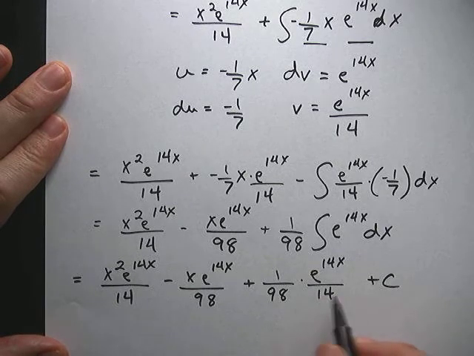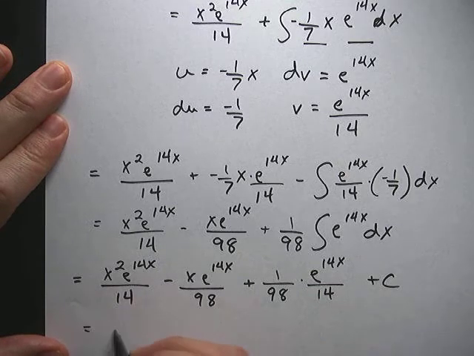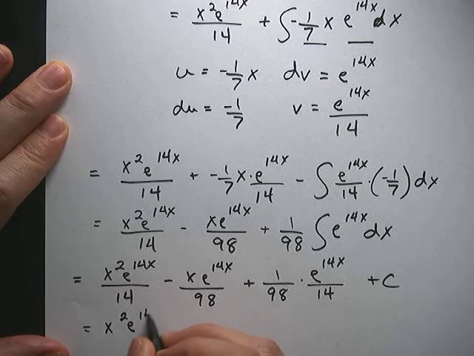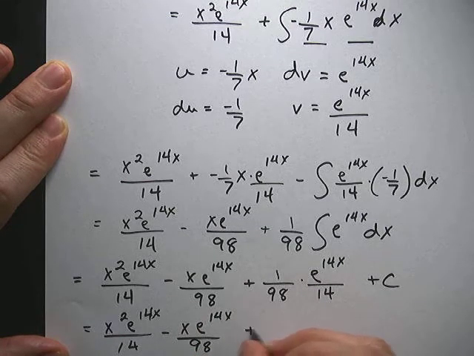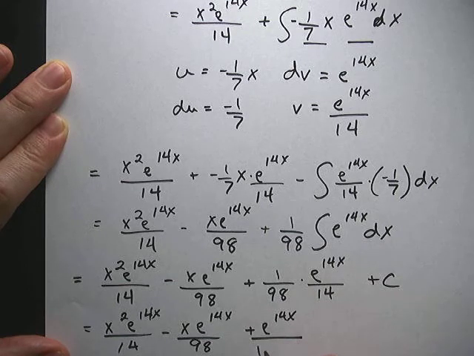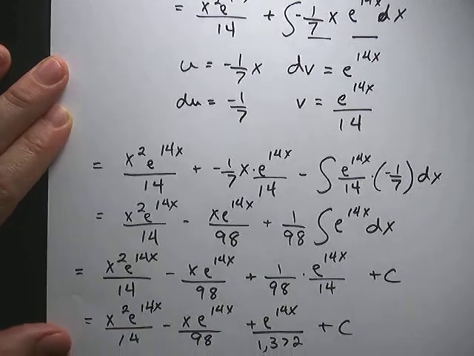These two multiplied together would give you 1,372. So quickly I'll write that out. x squared e to the 14x over 14 minus x e to the 14x over 98 plus e to the 14x over 1,372 plus c. And that's it.